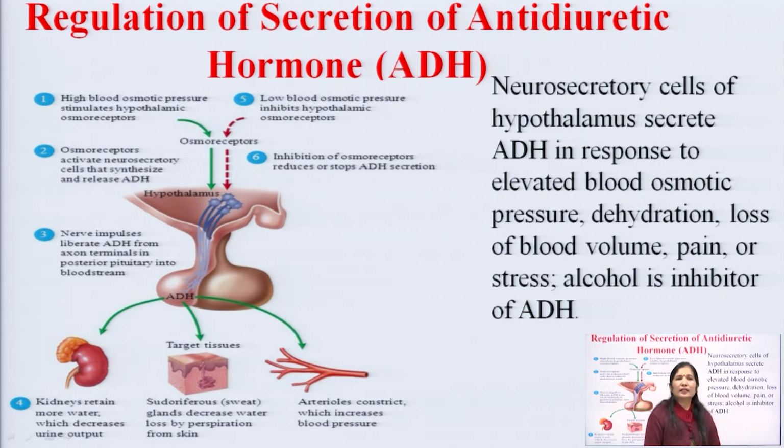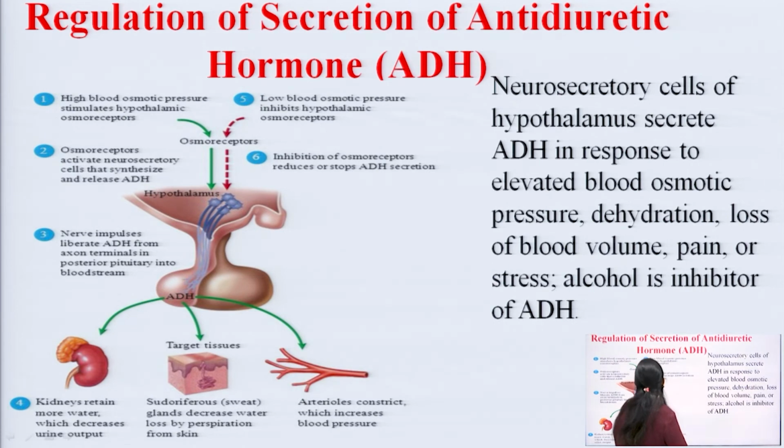The neurosecretory cells of the hypothalamus secrete antidiuretic hormone in response to elevated blood osmotic pressure, dehydration, loss of blood volume, pain or stress. Alcohol is an inhibitor of antidiuretic hormone.